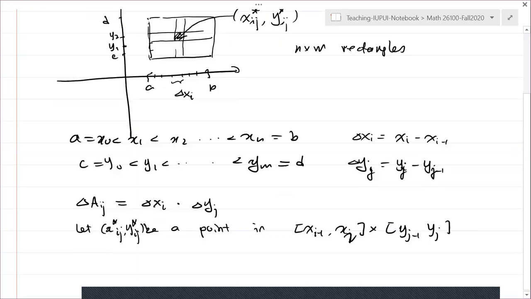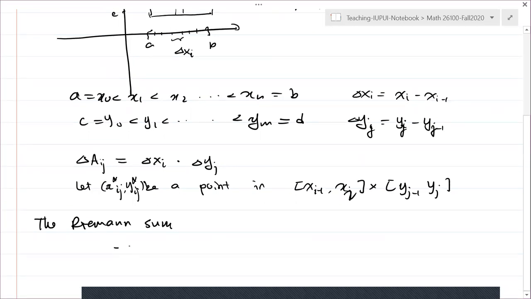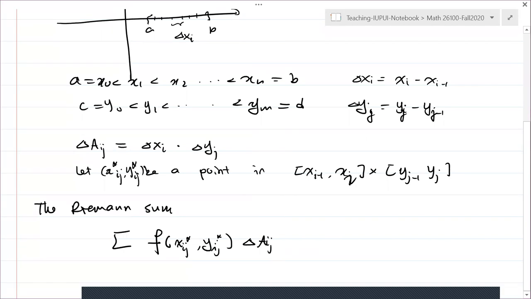We consider the so-called Riemann sum. The Riemann sum is the sum of f, the value of the function at the point (xij star, yij star) inside the rectangle, times delta Aij, the area of this small rectangle.